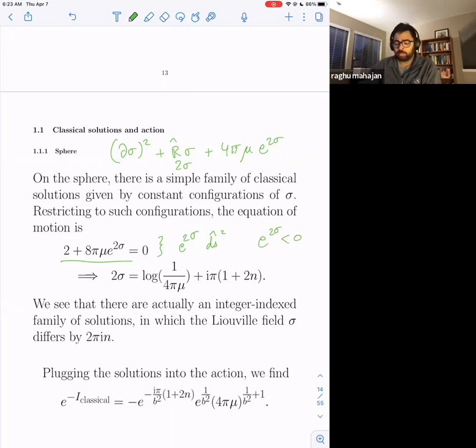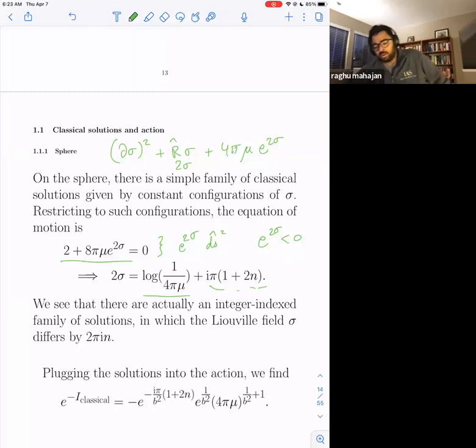So we just put e to the 2 sigma to be a negative number. And we find 2 sigma equals some log of 1 over 4 pi mu plus an imaginary shift by i pi times an odd integer. So e to the 2 sigma is negative. And that's okay because the path integral integrand is an analytic function. So we are allowed to have complex saddle points.